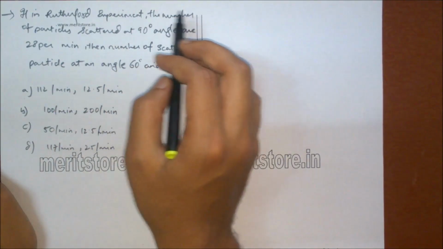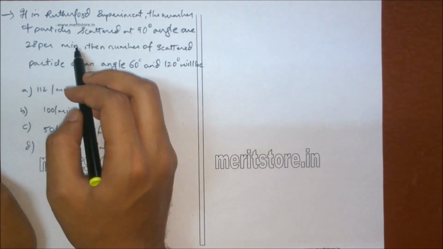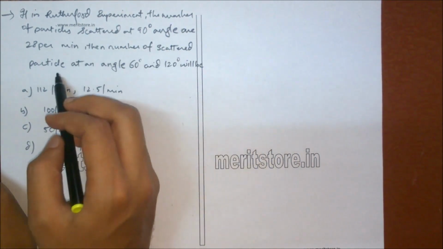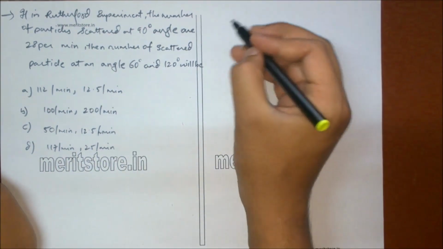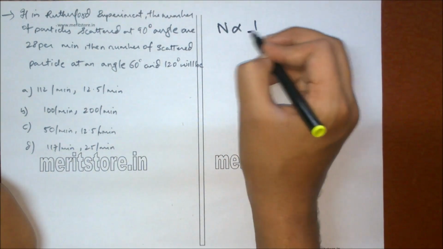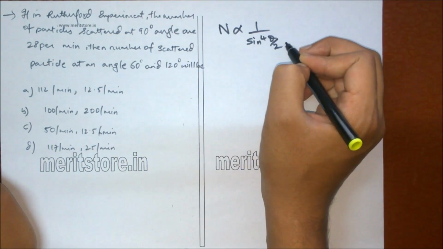In Rutherford experiment, the number of particles scattered at 90-degree angle are 28 per minute. Then the number of scattered particles at 60-degree and 120-degree will be. We know that N is directly proportional to 1 upon sine raised to 4 theta by 2.